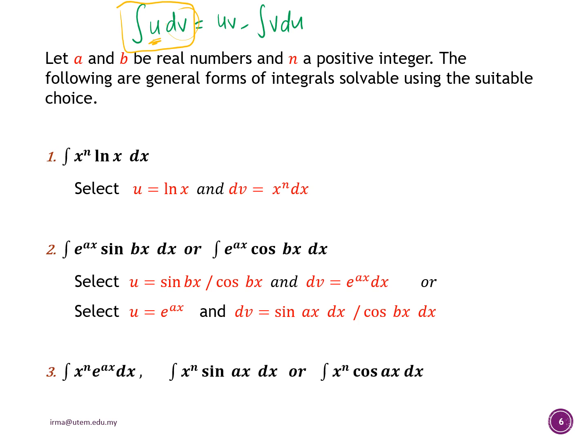Number 3: if you have x to the power of n times an exponential, that is a polynomial multiplied with an exponential or trigonometric function, you can select u as the polynomial, x to the power of n, and dv as the exponential or the trigonometric function.